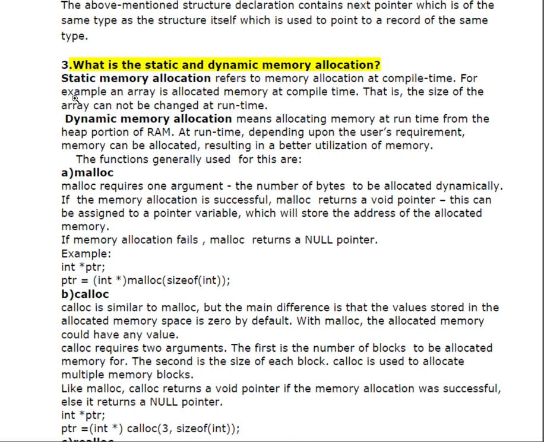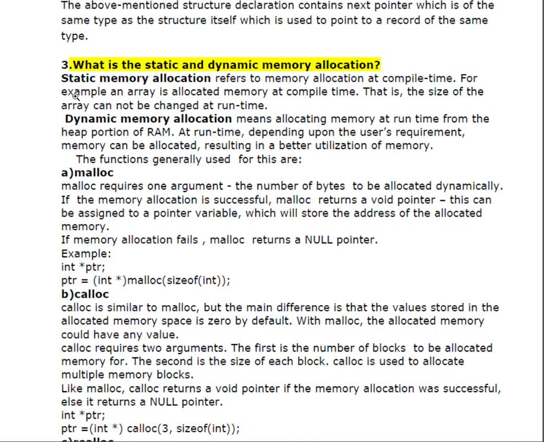So, as we all know that in an array, we have to initialize the array data type, or we have to give the size, that how many array elements can be stored in this particular data.